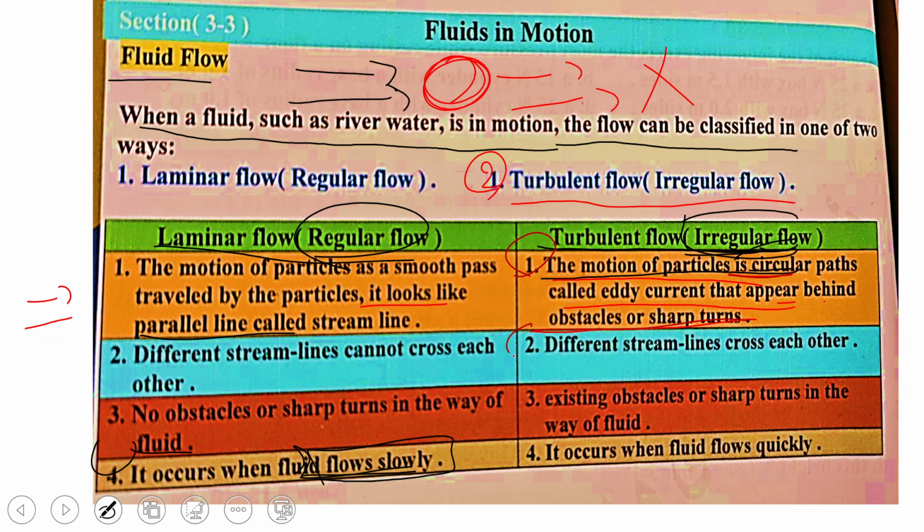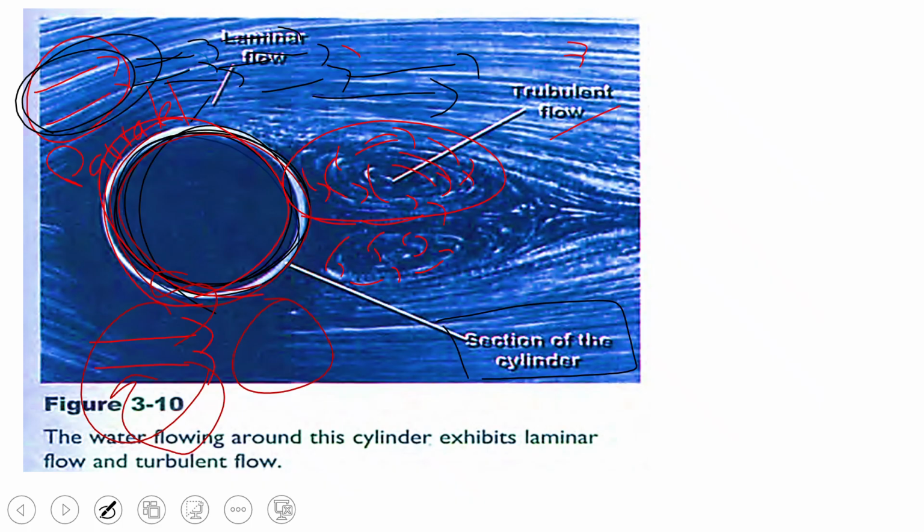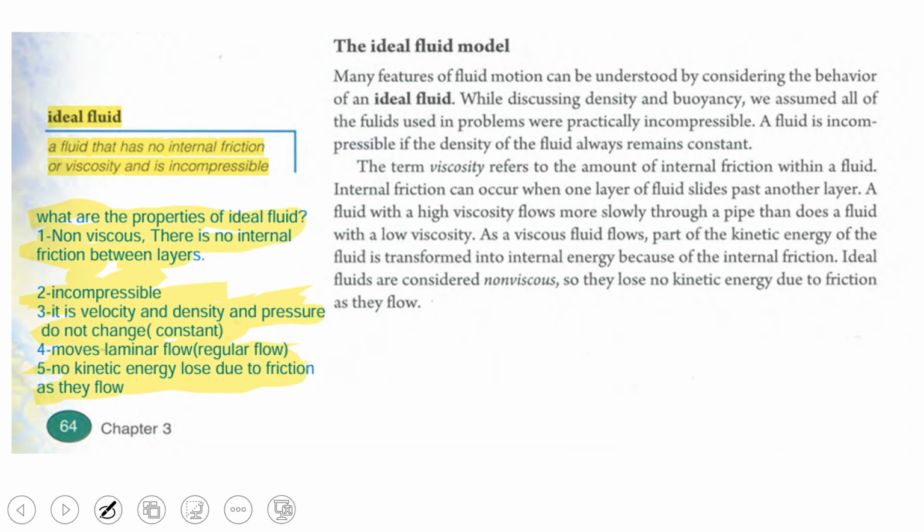So the first property: the motion of the particles is a circular path, and the reason behind this is that there are obstacles. The second property: different streamlines in here can cross each other. Yes, they have to cross each other, of course. Why, mister? Look, the shape of the water is a circle, so of course they are crossing each other, because after we throw something, the water lines can cross each other.